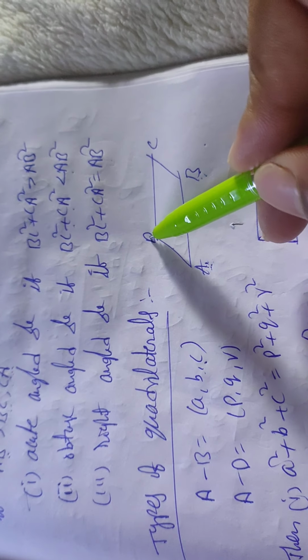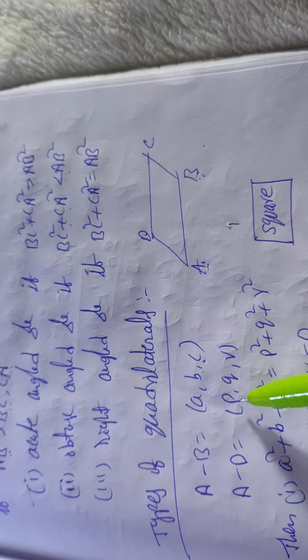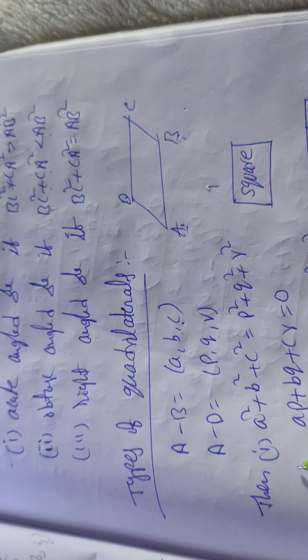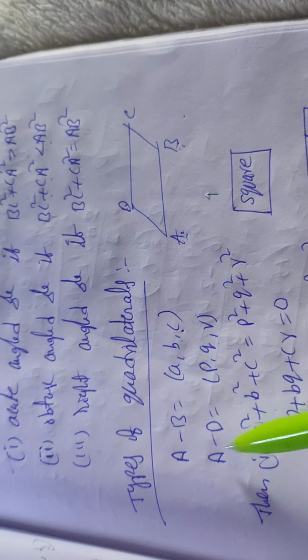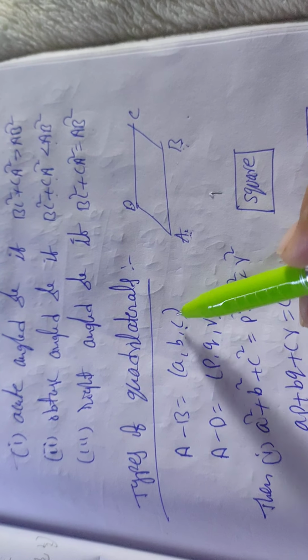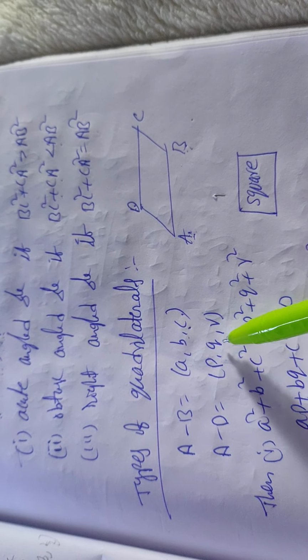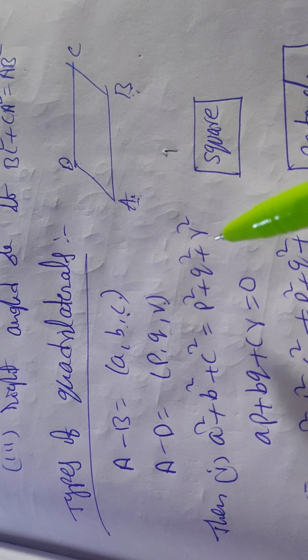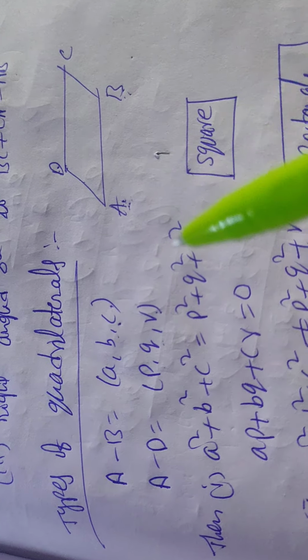And you go with A minus D also, same way. If the resulting coordinates are p, q, r, then if a square plus b square plus c square is equal to p square plus q square plus r square, then adjacent sides are equal.